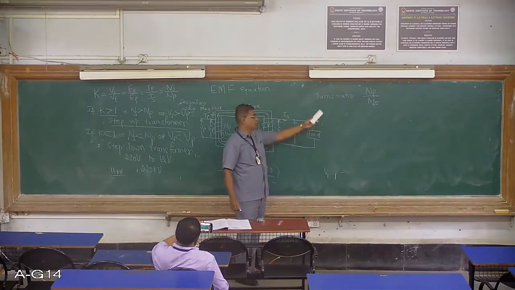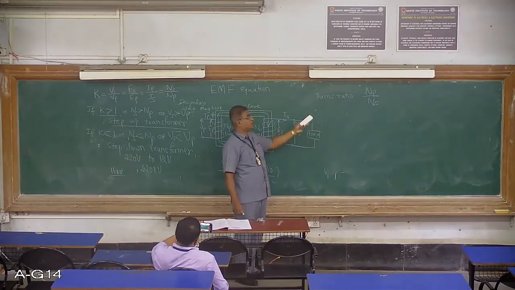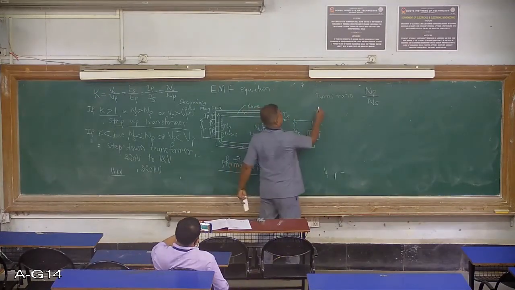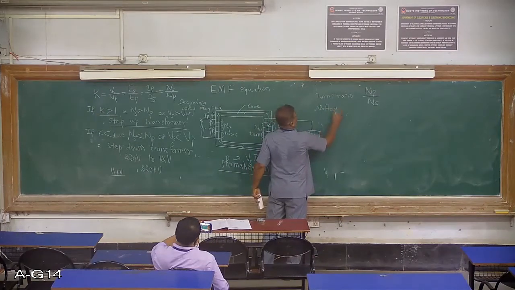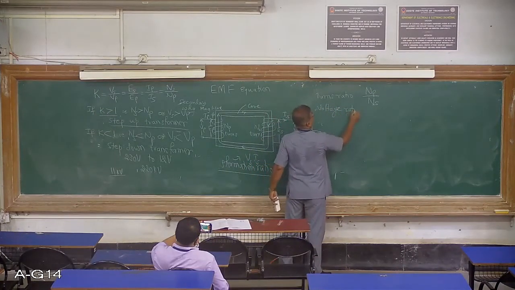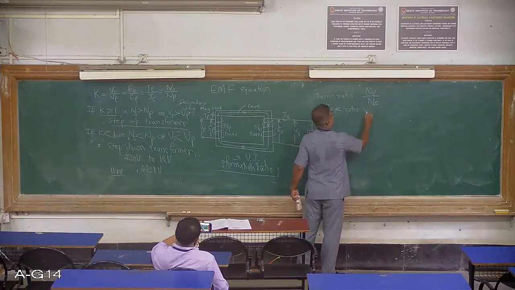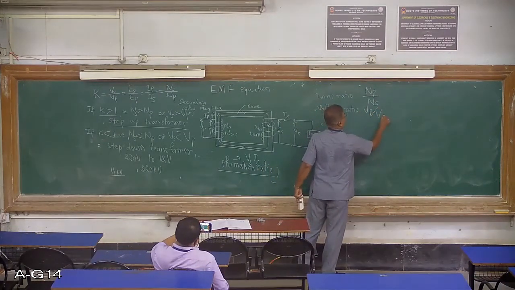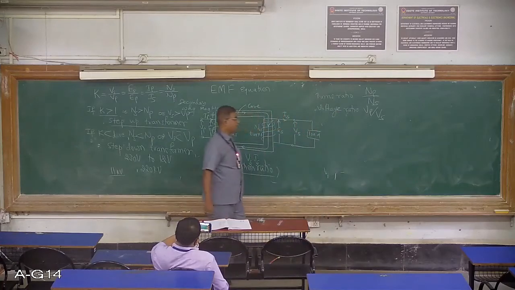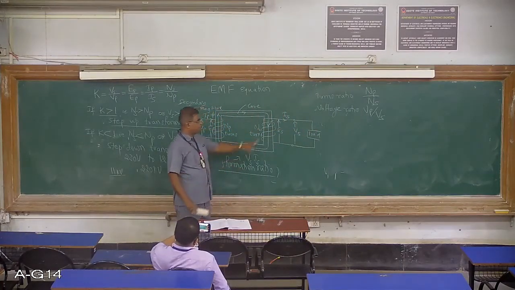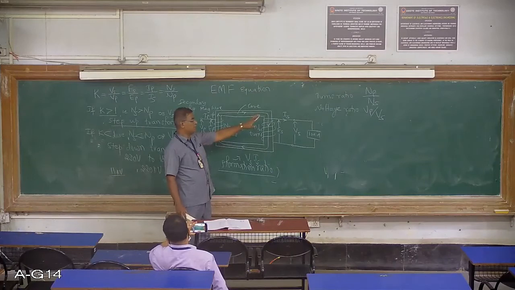We should not have any confusion about this. Turns ratio is Np by Ns. Sometimes you get another definition called voltage ratio. It is not the transformation ratio, it is the voltage ratio, which is Vp by Vs, primary voltage by secondary voltage.